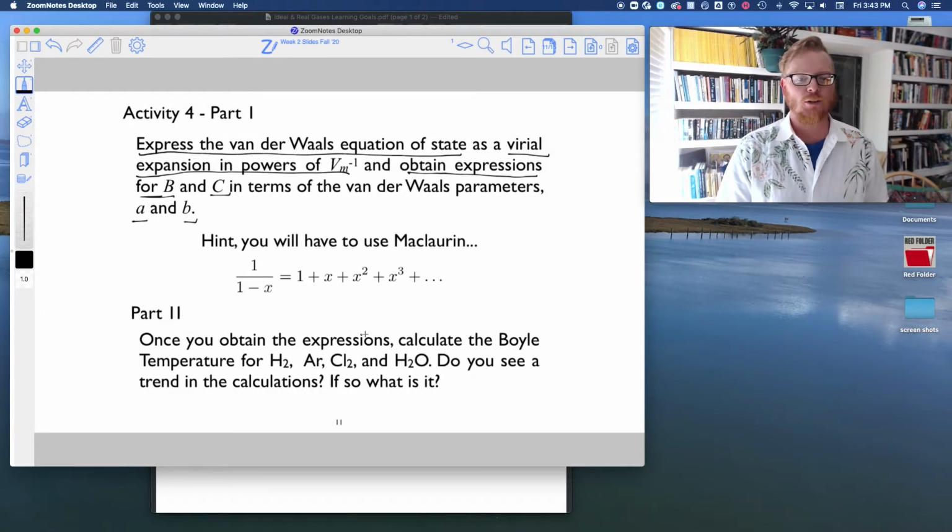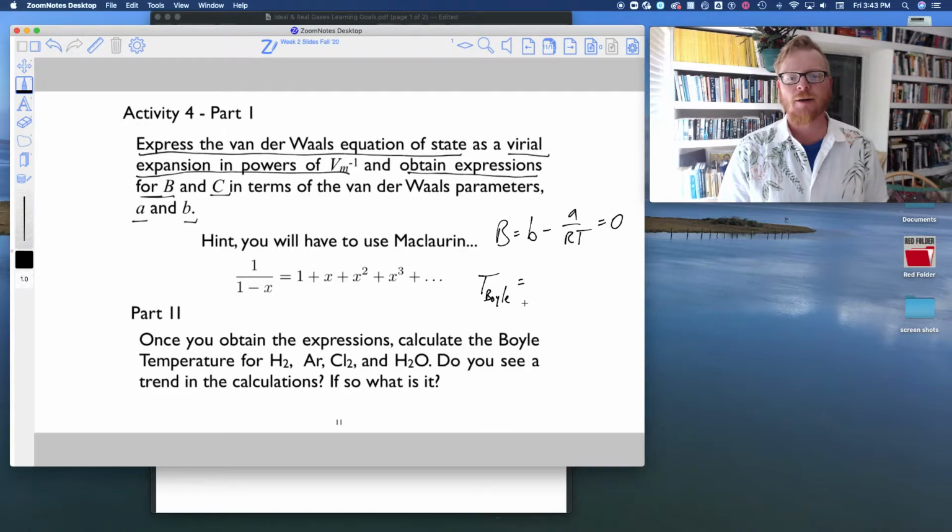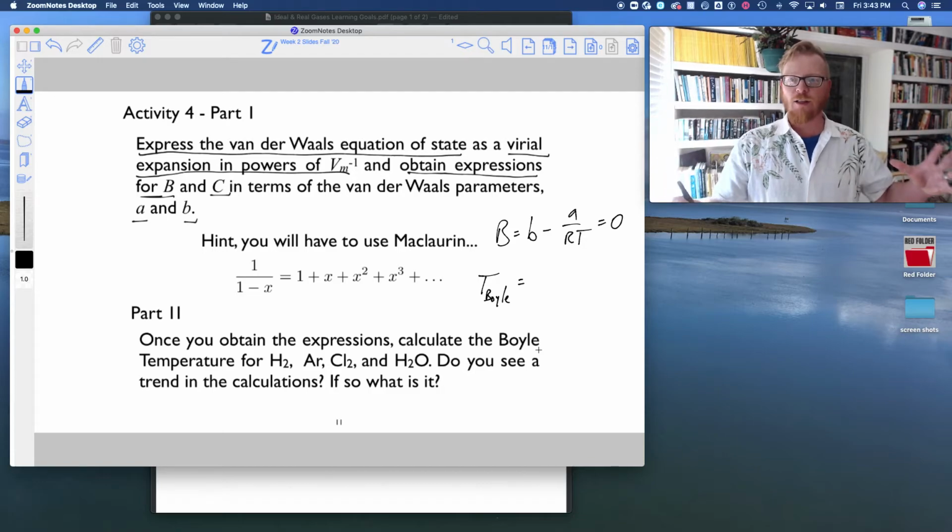Part 2, once we obtain the expressions, and remember the expression big B equals little b minus A over RT, calculate the Boyle temperature. Well, remember, the Boyle temperature is when this whole thing equals 0. So we rearrange for temperature, and we get T Boyle, and that's not like boiling, right? It's Boyle.